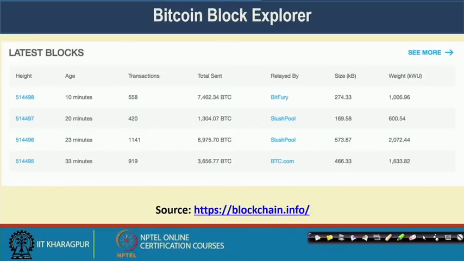There is an interesting site that I have shown you earlier, the Bitcoin block explorer. If you go to the site blockchain.info, you can see the current blockchain behind the Bitcoin architecture. I took this snapshot during that time.